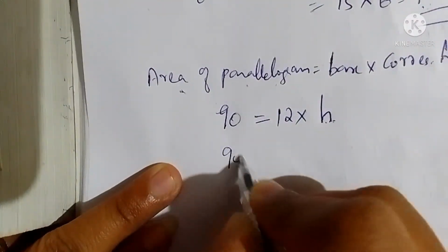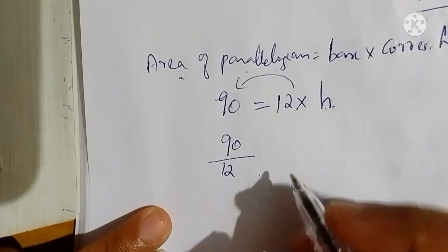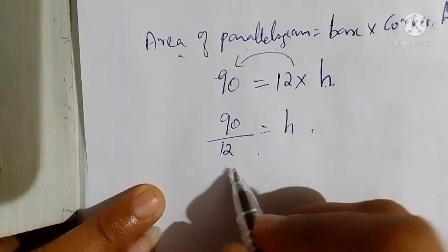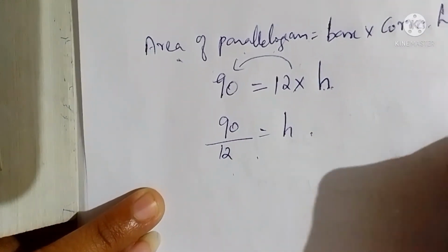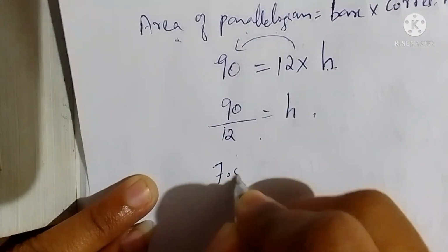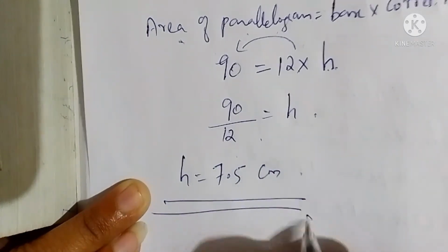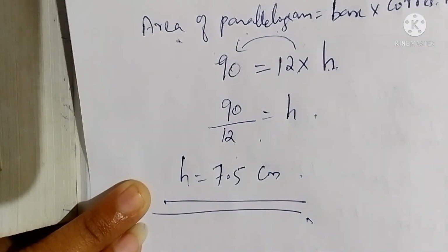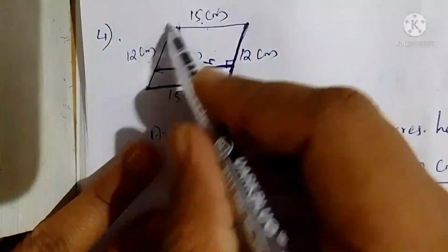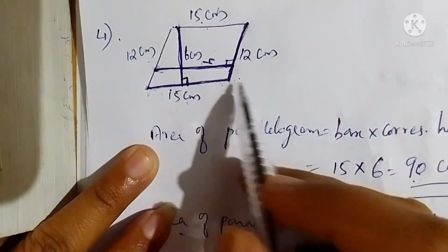So 90, on taking this multiplication 12 to this side, it will be divided by 12, equal to h. Now 90 divided by 12 is 7.5 centimeter. So this will be the height corresponding to 12 centimeter sides, or the distance between the 12 centimeter sides, which is 7.5 centimeter. Okay.